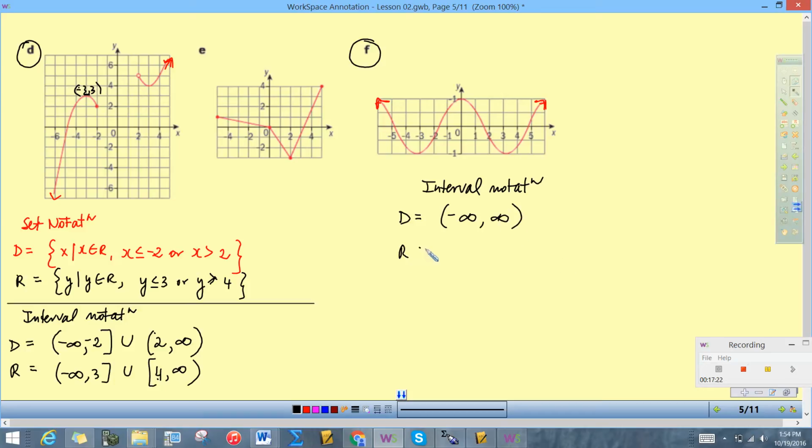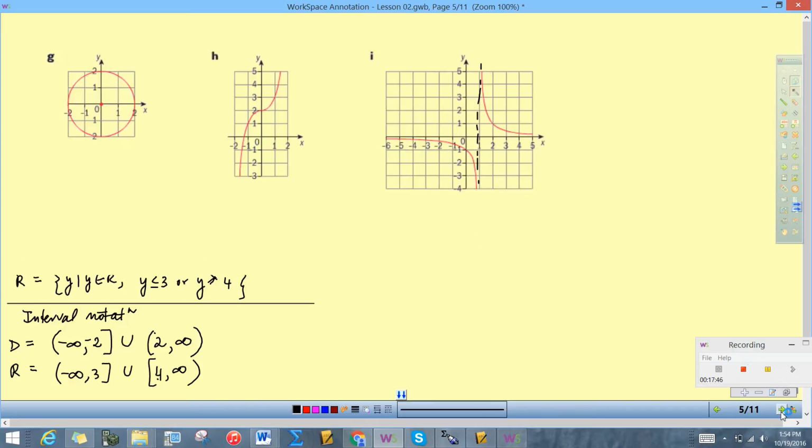My range, on the other hand, seems to be oscillating between the numbers 1 and -1, and it's including those numbers, so the range is going from -1 to 1, and that is all included. So we have square brackets all the way through.